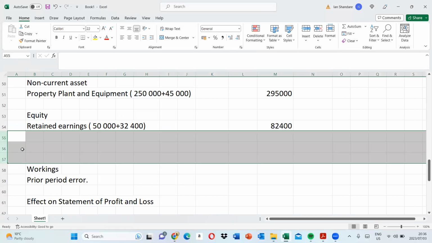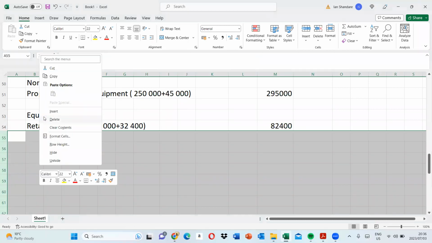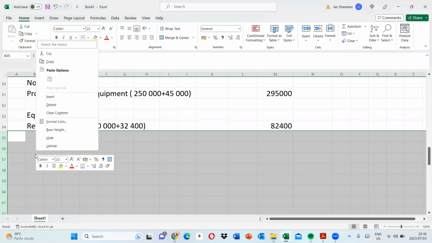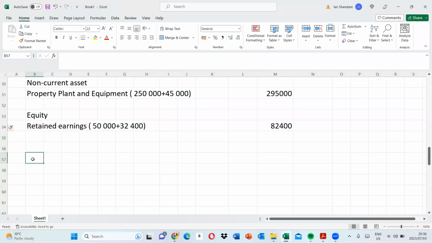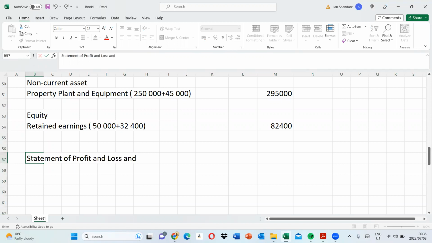So that we complete everything there, we look at the statement of profit and loss as well as the statement of changes in equity, so that we see what is happening. So the statement of profit and loss and other comprehensive income.